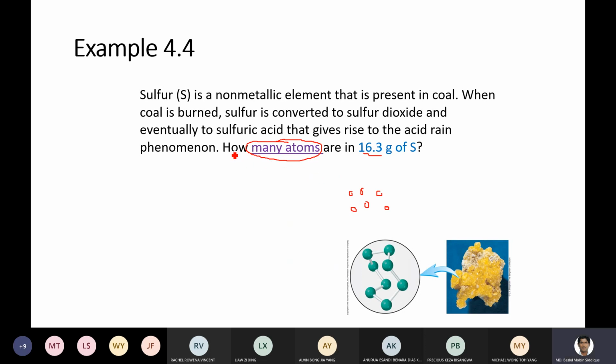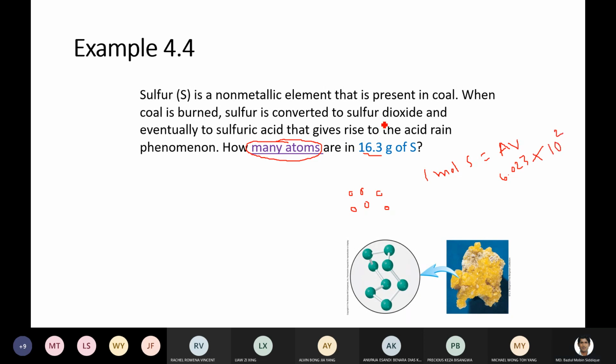Our only clue is that in 1 mole of sulfur, there will be Avogadro's number of atoms, isn't it? That means 6.023 times 10 to the 23rd atoms of sulfur will be in 1 mole of sulfur.